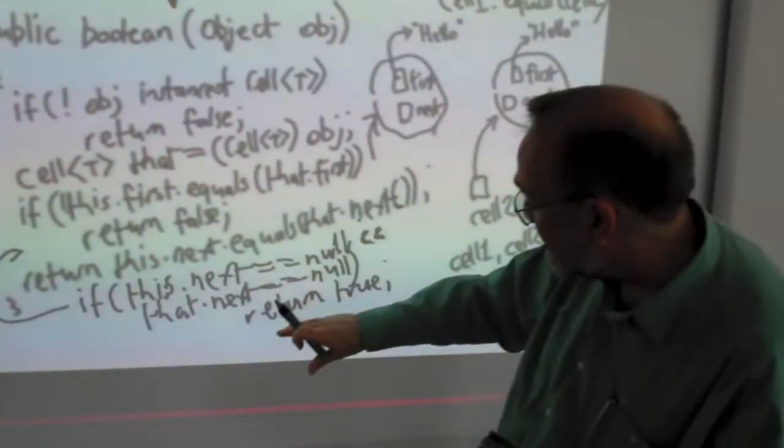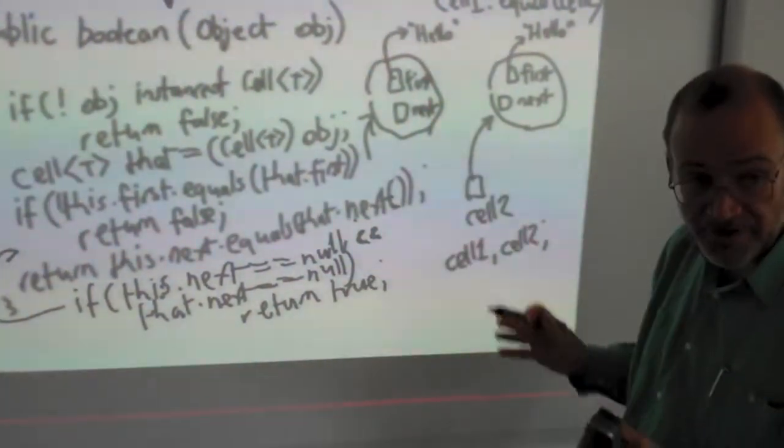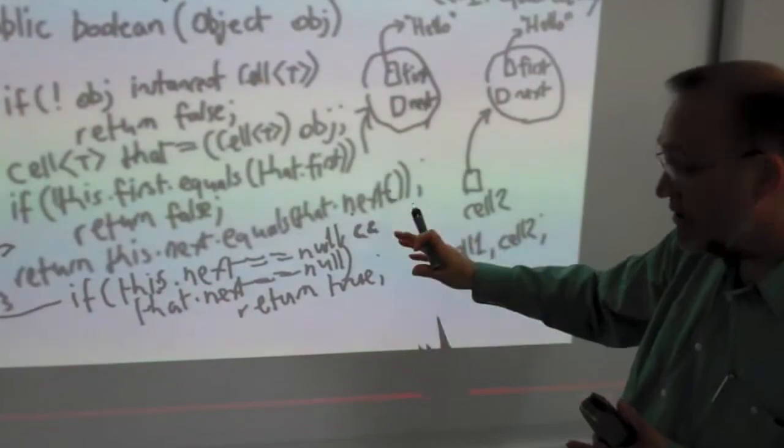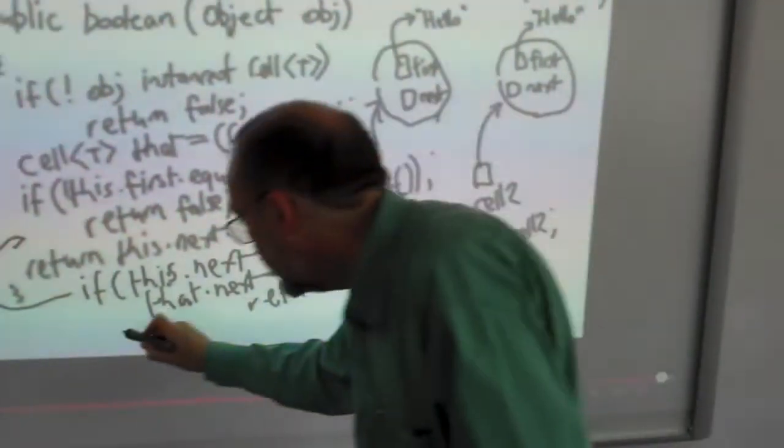So we only get to the next bit if it's not the case that both are null. If one is null or the other is null, then they're not equal, so must return false.